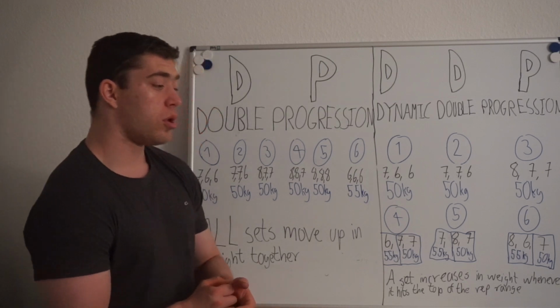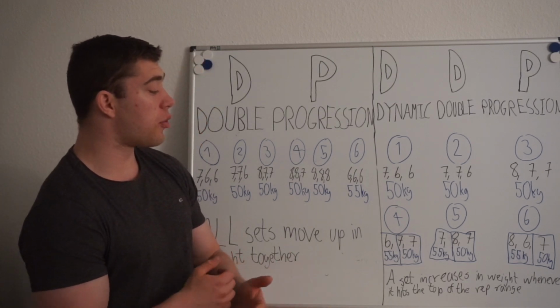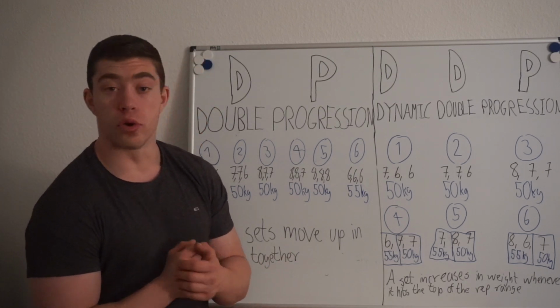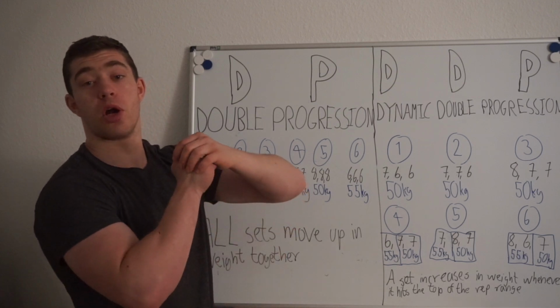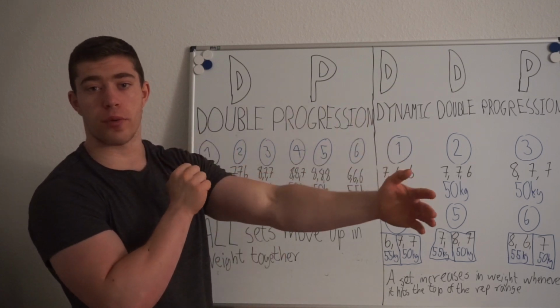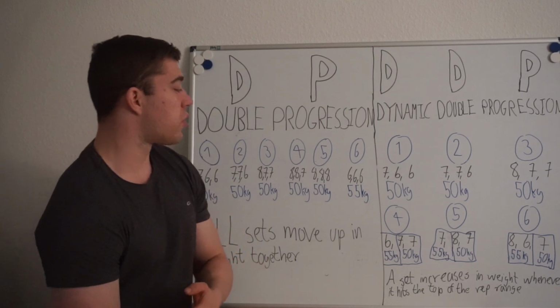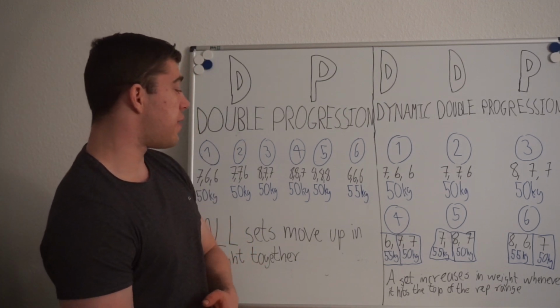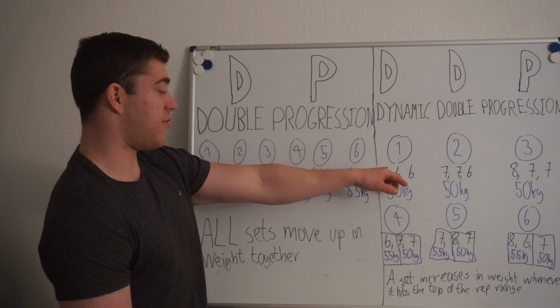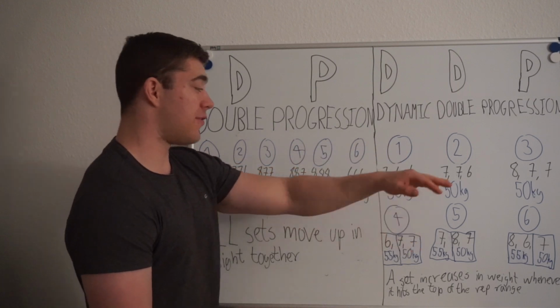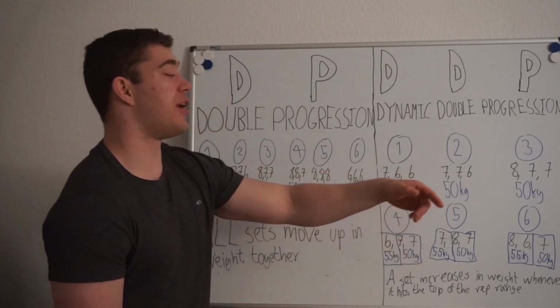So all sets don't move up in weight together, and we're going to end up using more weight for one set than for other sets. So what you'll see there is that, let's say we are doing the same again, so we get 7, 6 and 6, 7, 7 and 6, now we get 8, 7, 7.